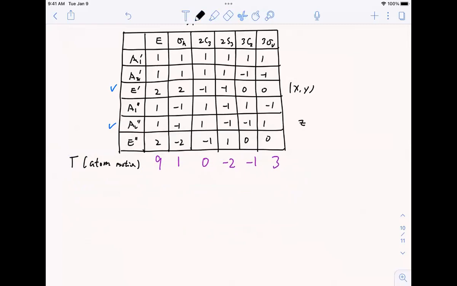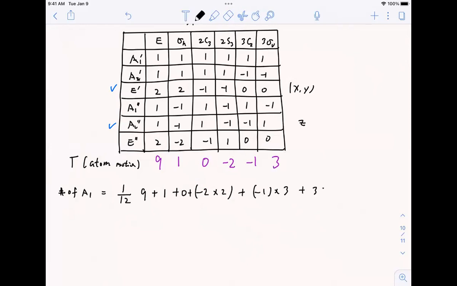Okay, so A1, the number of A1 will be, there are totally 12 elements, right? It will be 9, 1, 0. Sorry. 1, this will be 2, so this will be 0, -2 times 2. And then this is 3, -1 times 3, and then 3 times 1 times 3.